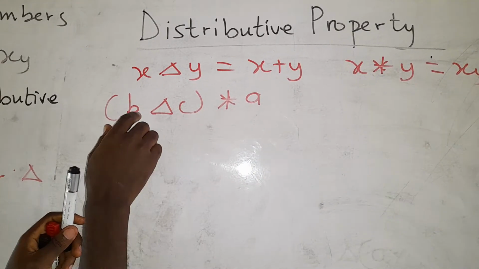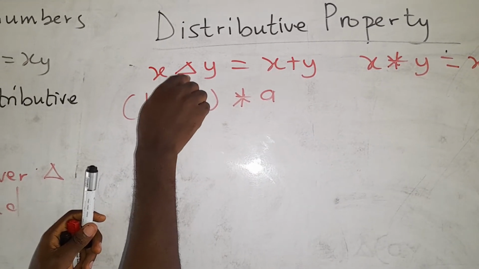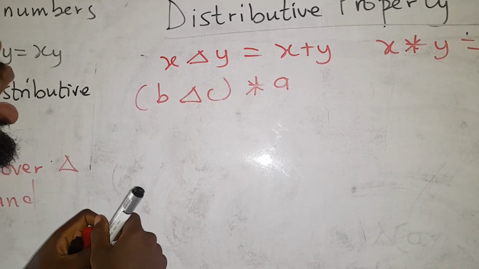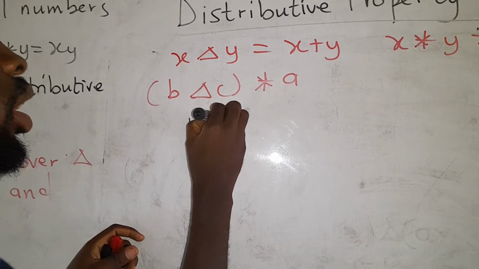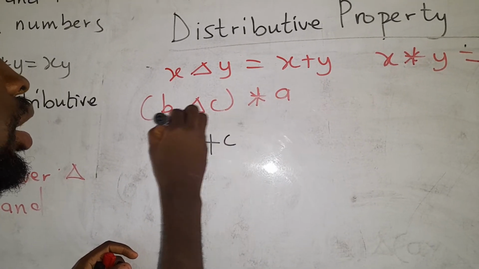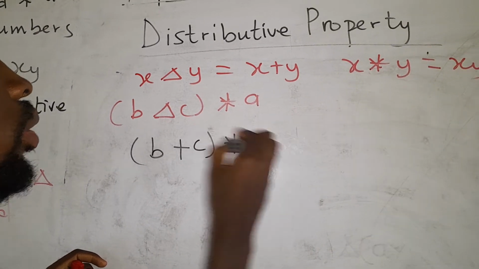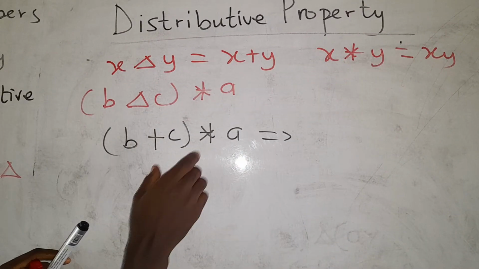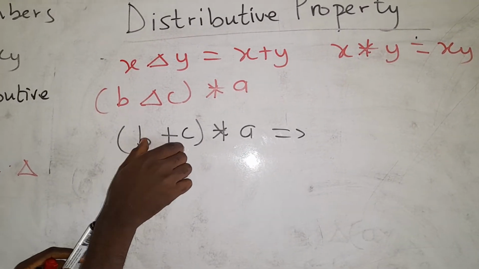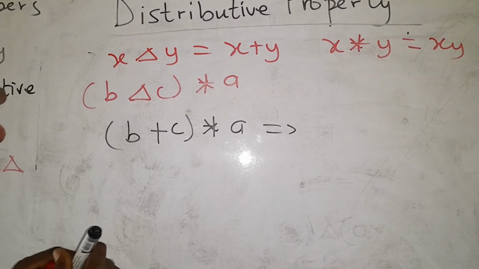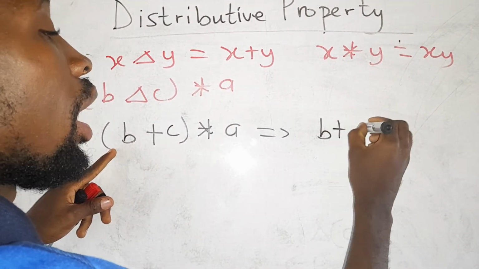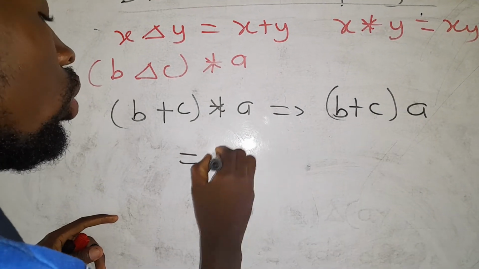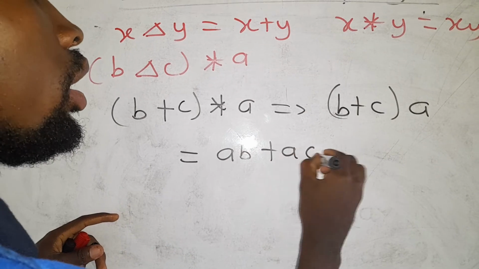So B delta C, any place we see X in delta, that's the operation delta, we substitute B, and Y we substitute C. So we'll get (B plus C) star A. Now any place we see X in star, we substitute B plus C, and Y we substitute A. So we have (B plus C) times A. When we expand that, we get AB plus AC.